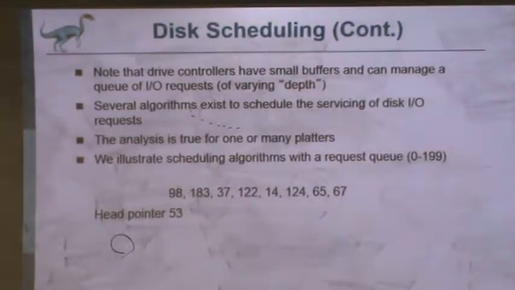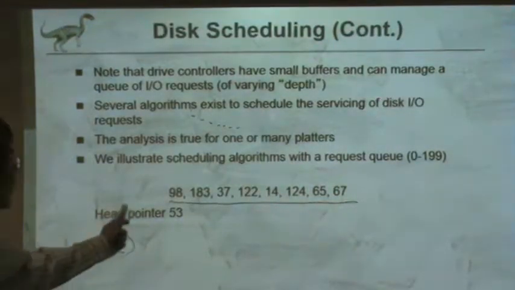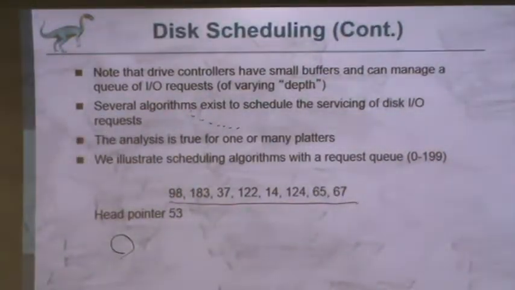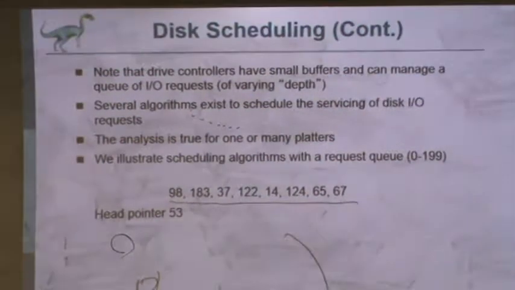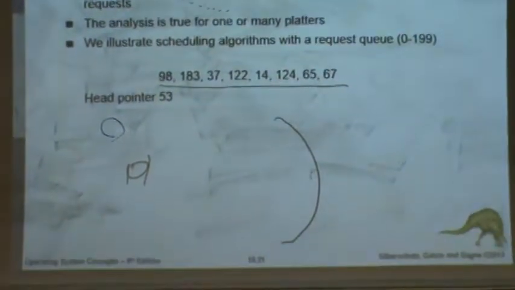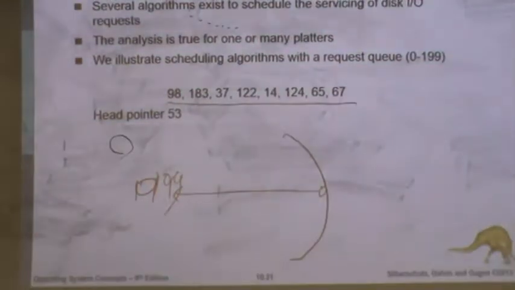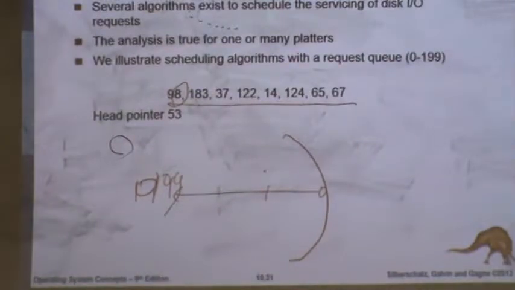This is the number of the cylinder, okay? Let's say we have 0 to 199, 200 cylinders. Cylinder means, from this hard disk drive, this is the spindle. So we have the cylinder numbers 0 to 199. Okay, so for example, first we have the request 98.